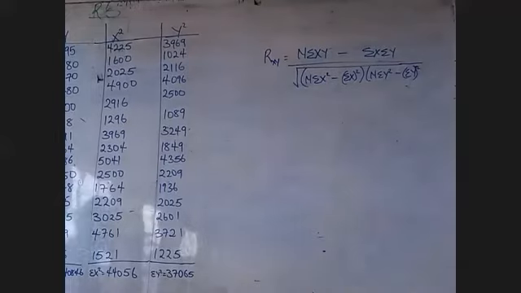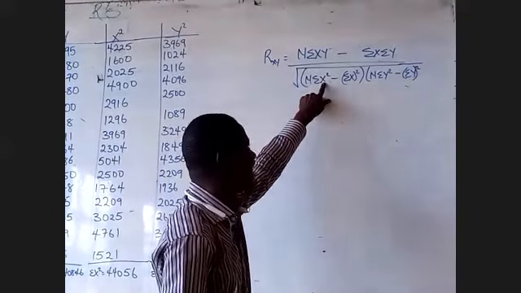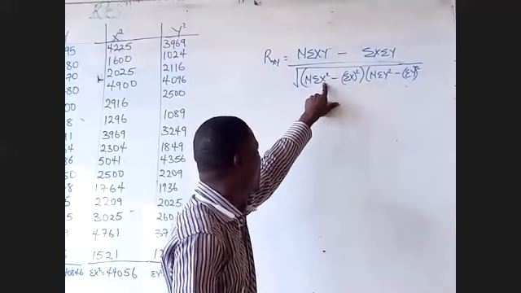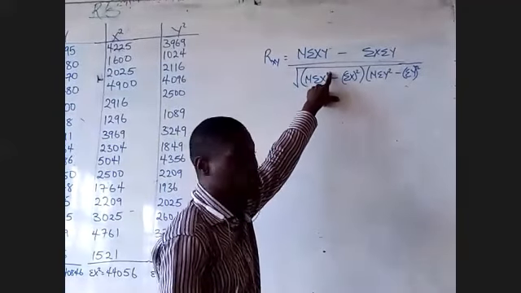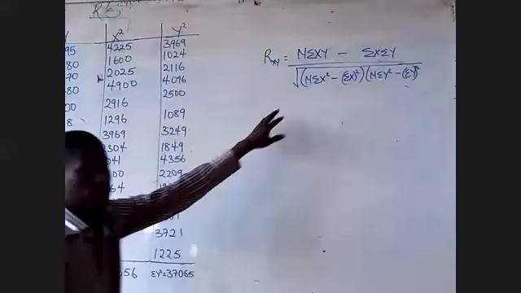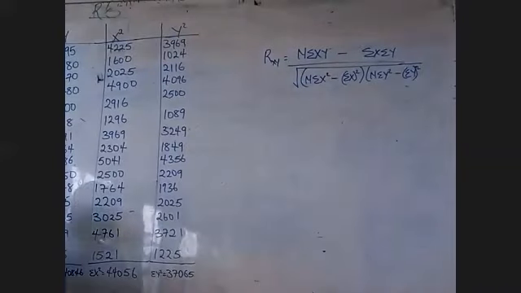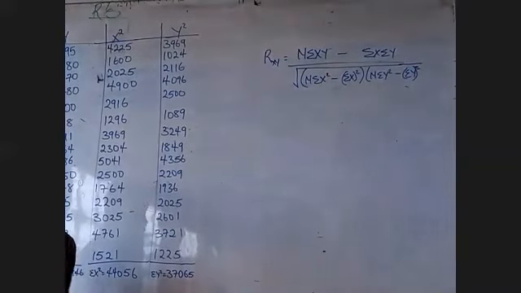That's a difference. This is summation x squared. It's only the x that is carrying the square. That's what they are talking about in this place. But this one is summation x, that you are going to square at the end of the day.